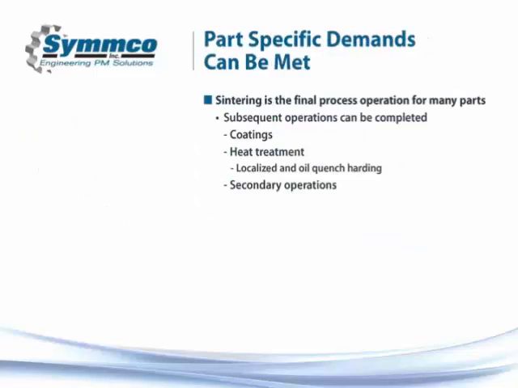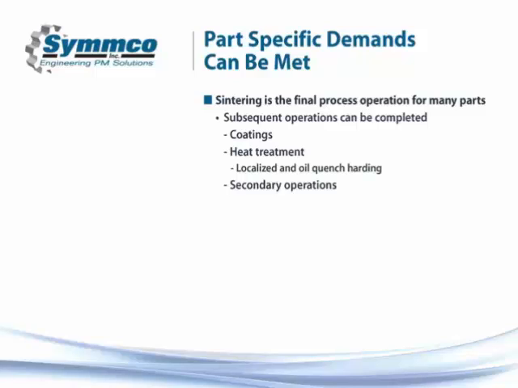So where have I gotten us to this point? All powdered metal is compacted and sintered. From there, we can go into a variety of other processes to meet specific demands. It's really common these days to oil quench or austenitic heat treat parts to create a very high hardness.